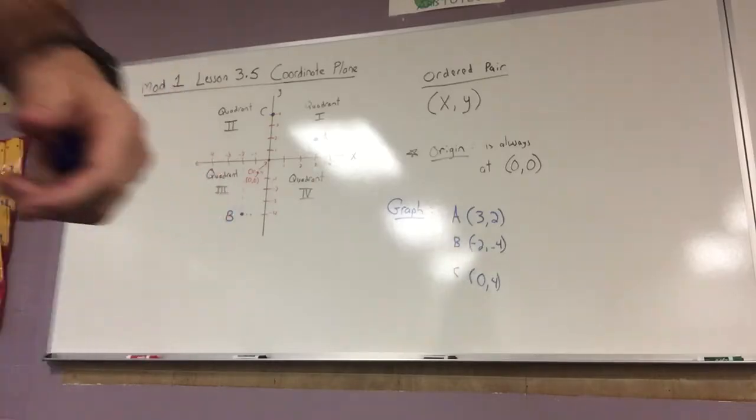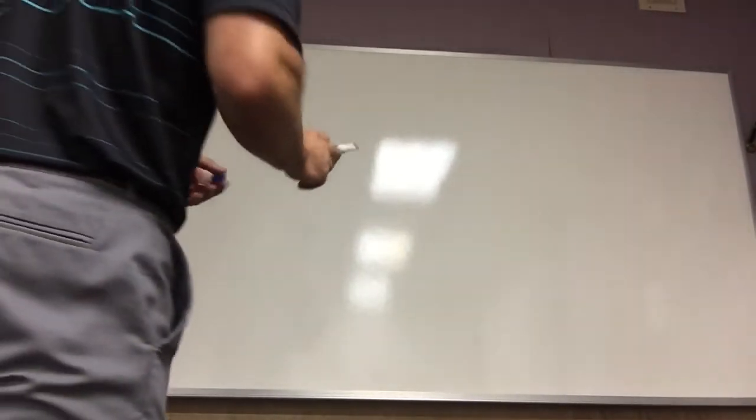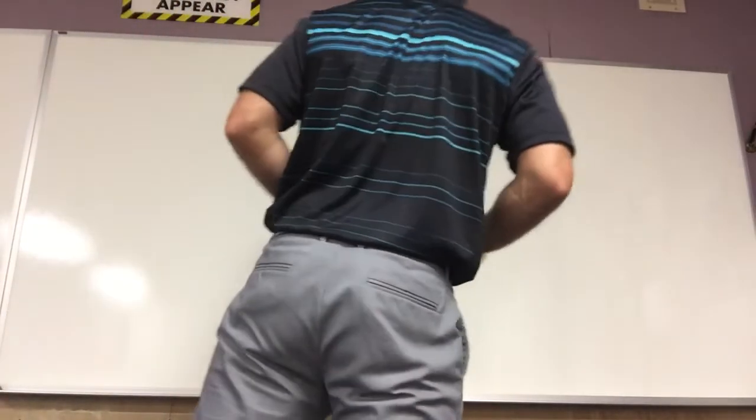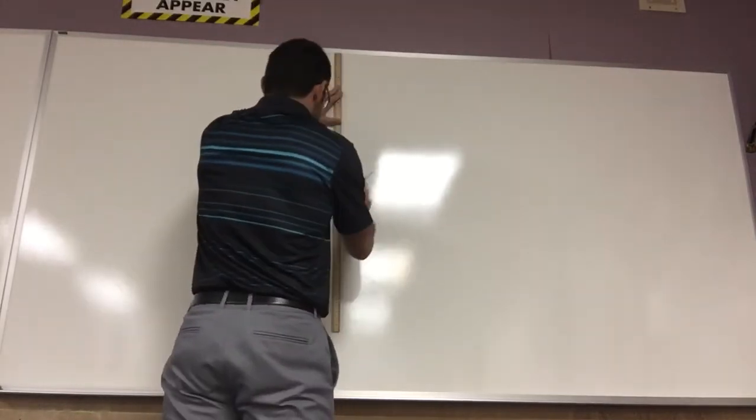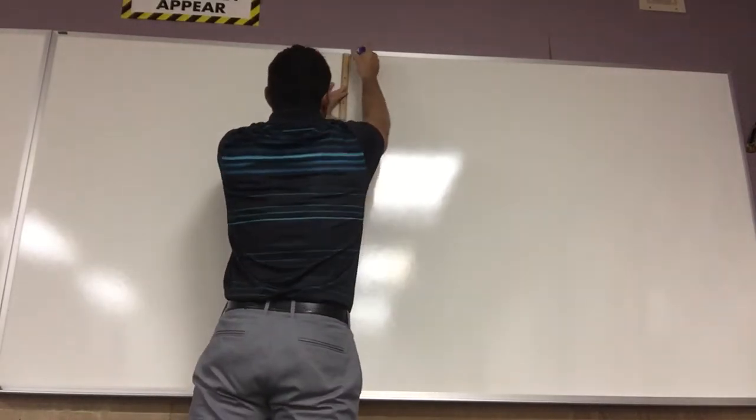Okay, so now you're going to be getting a piece of graph paper because your homework's going to be done on graph paper. I'd like to hang these around. I'd like them to be colored, but it's not mandatory. So let me find my yardstick here. So now I'm going to do this.